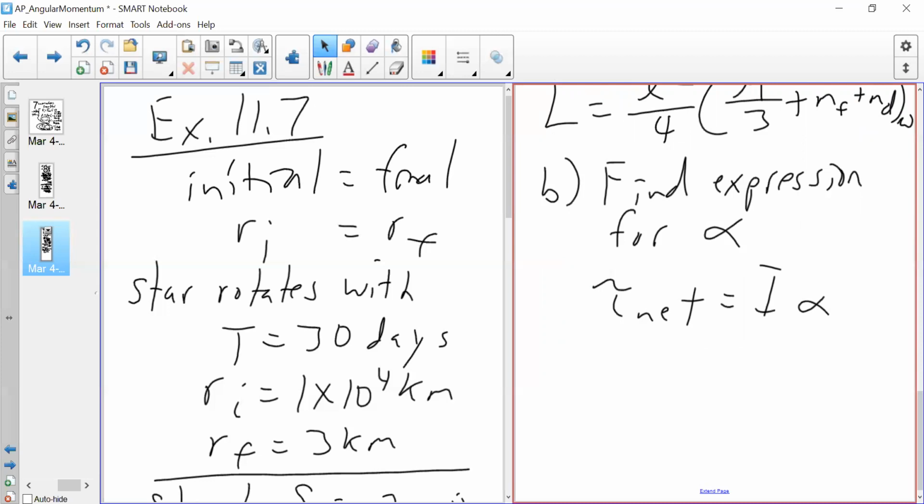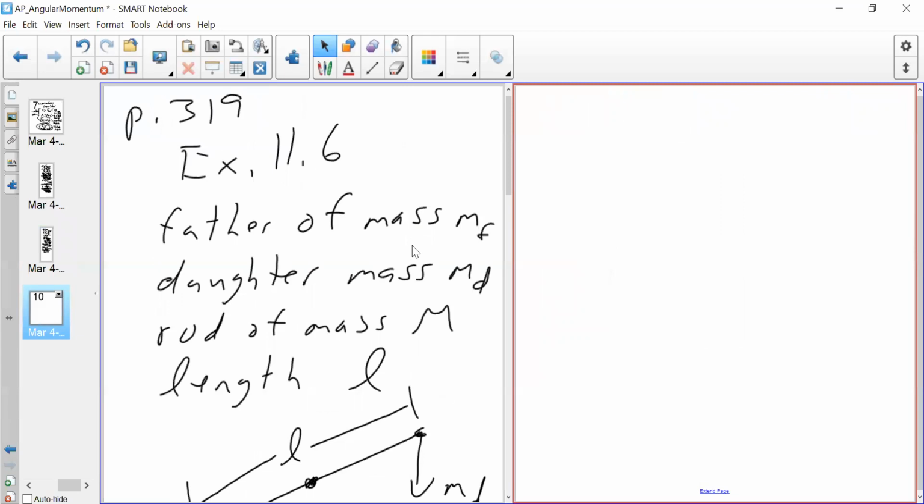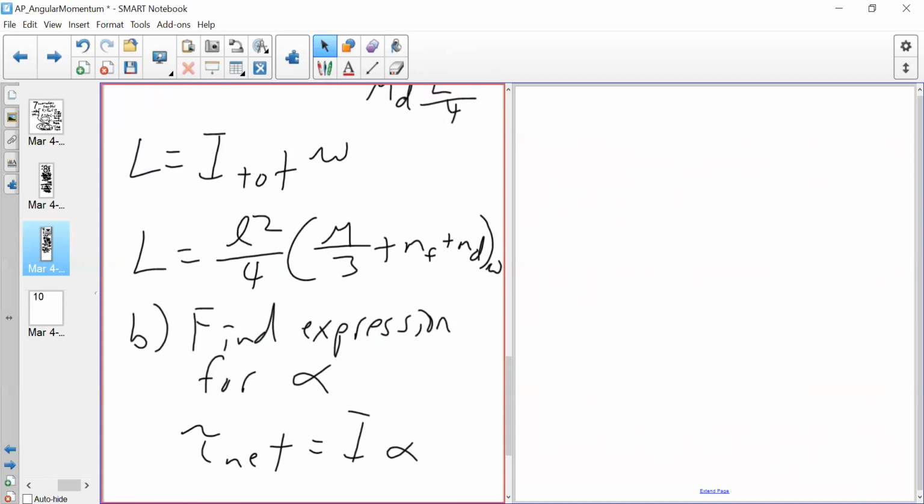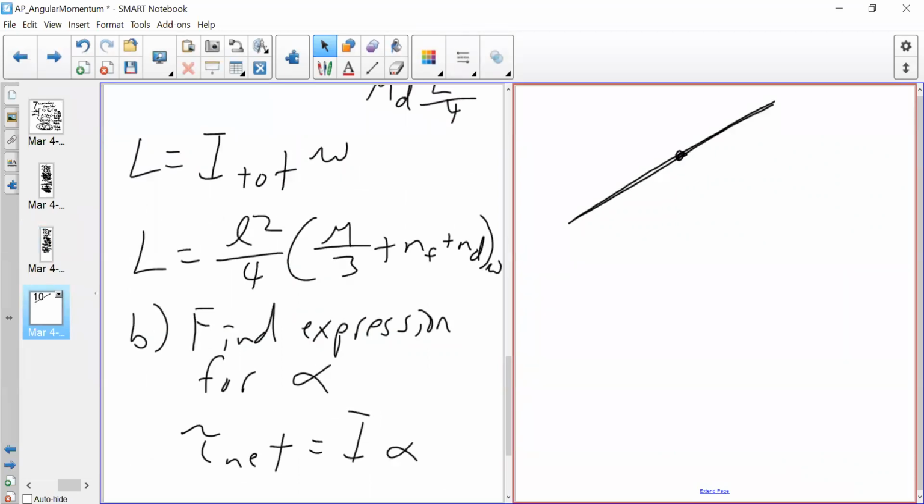So again, the same picture. Let's try to move this over here. I draw it in terms of torques. So we have the full picture with theta, and the weight of the daughter here, and the weight of the father. It's going to be the torque about the rotation point.